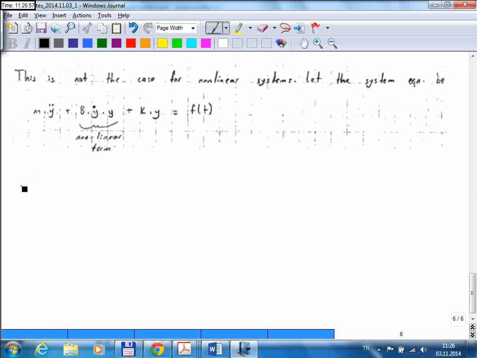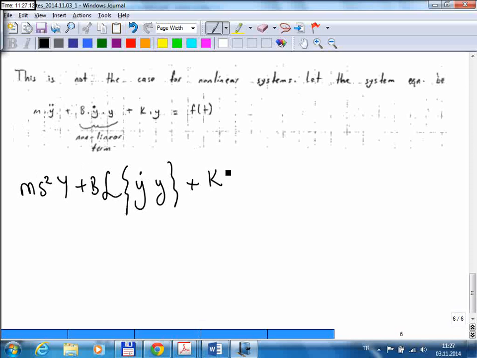I can write this as m times s squared times Y, and I have b times the Laplace transform of that nonlinear term, y dot times y, and then k times the Laplace transform of y is equal to the Laplace transform of the input applied. This is also obviously a function of s.